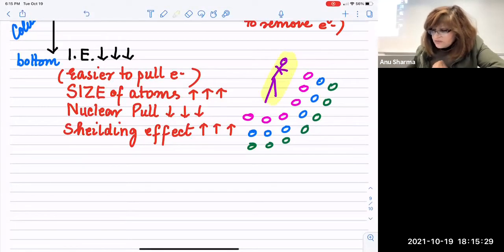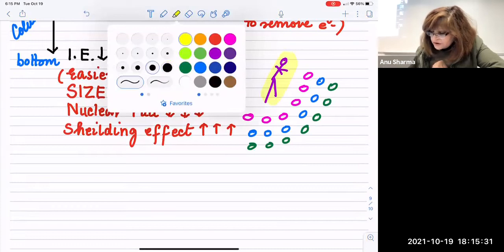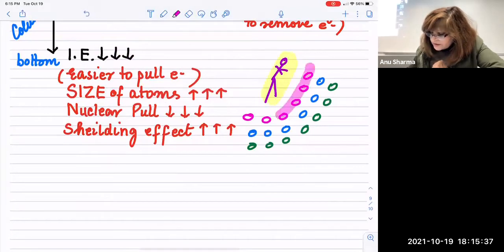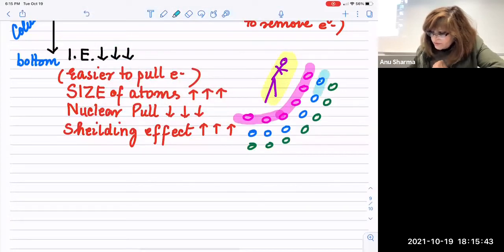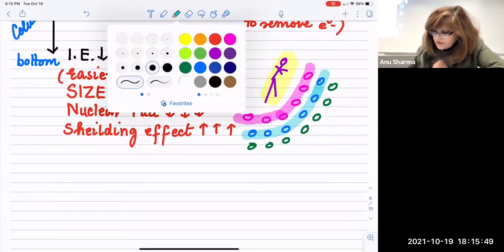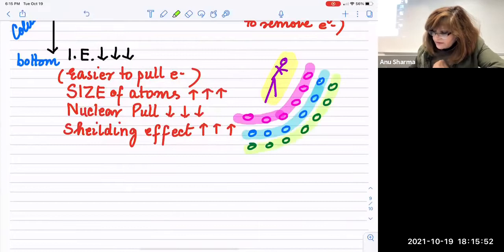Okay, so this is how we see that in the first row, the teacher has more control. This row, there's more control versus this row, where the control is weakened a little bit, but the last one has the least control because these two are blocking the effect.